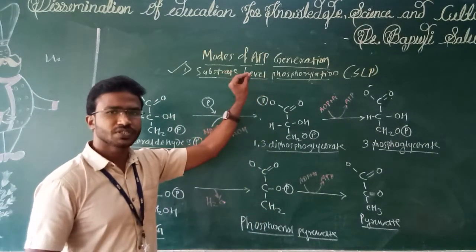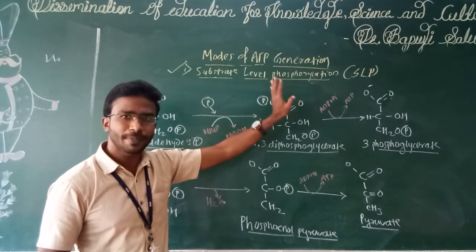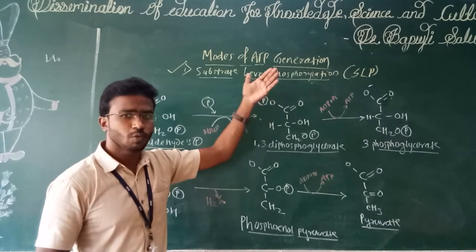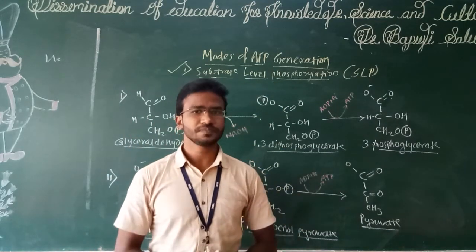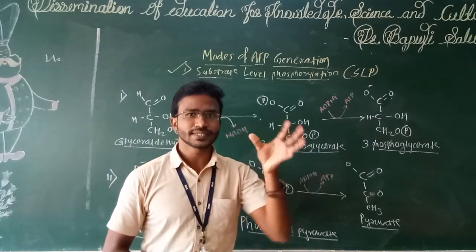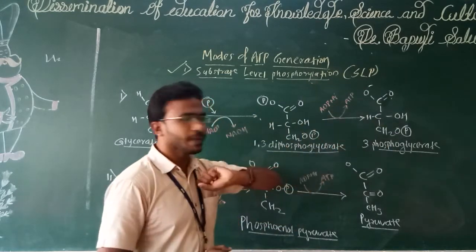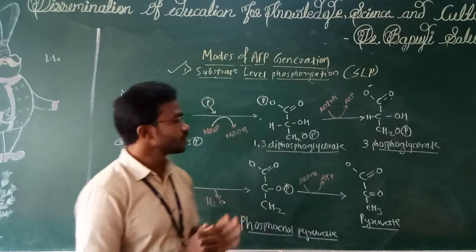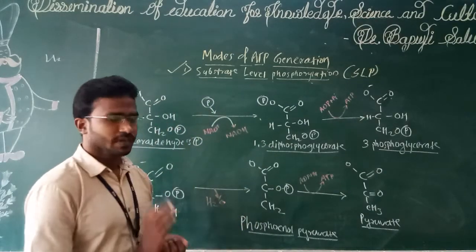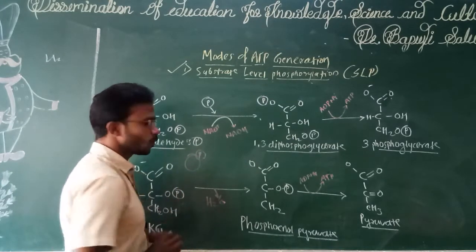So a very simple way of ATP generation is SLP. Substrate level phosphorylation is the simplest way of ATP generation, because in this mode a substrate is catabolized, broken down, and that releases high energy phosphate, and that phosphate is added to ADP and that forms ATP. ओके, म्हणजे काय होतं इथं एखादा सबस्ट्रेट मॉलिक्यूल आहे. एक्झाम्पल सपोज this is a substrate molecule containing high energy phosphate group.